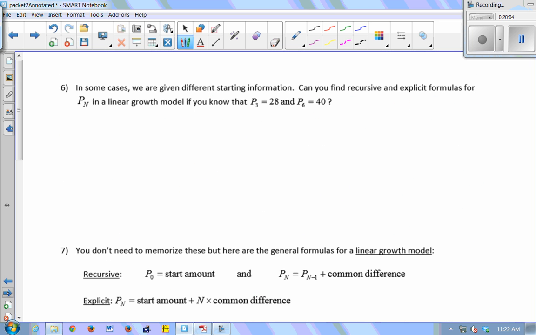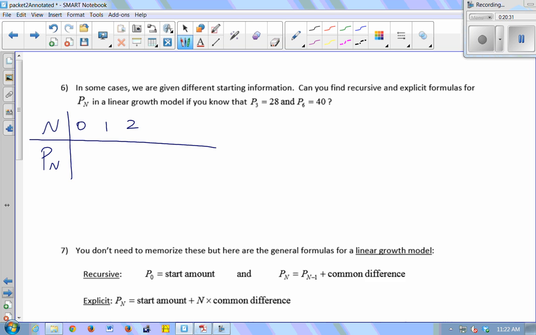So like in this example, I have P sub 3 is 28 and P sub 6 is 40, and that's the only information you get, other than this is linear. It grows by the same amount every year. So I want you to take those two pieces of information and try to write formulas, recursive and explicit. And I'll give you a little hint, a little place to start if you're stuck.